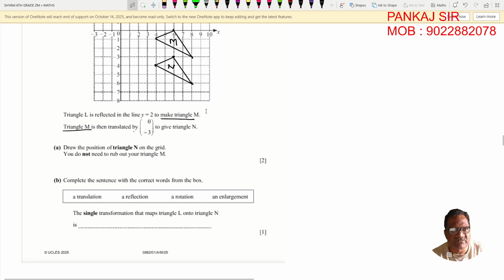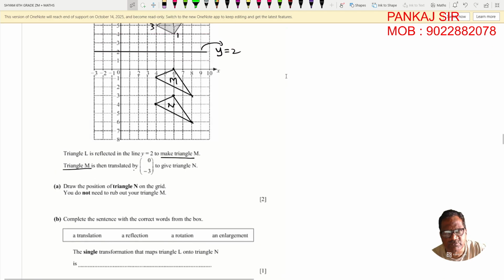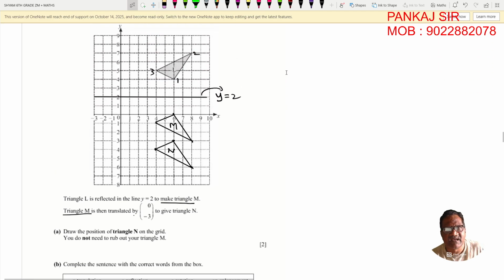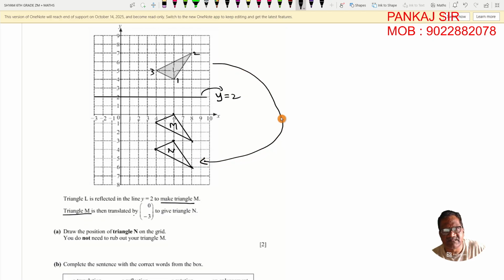Now B part of the question says that complete the sentence with the correct words from the box. Translation, reflection, rotation, enlargement. Now a single transformation that maps triangle L onto triangle N. Now if I want to just map L directly on N, so this is from L to N. This is L mapped on N. This is a single transformation.